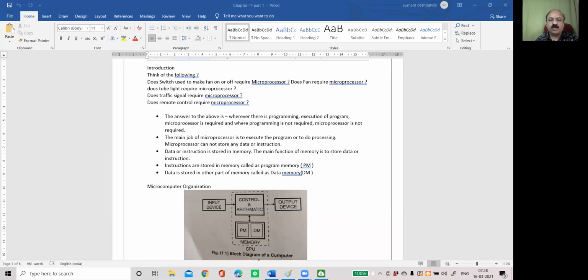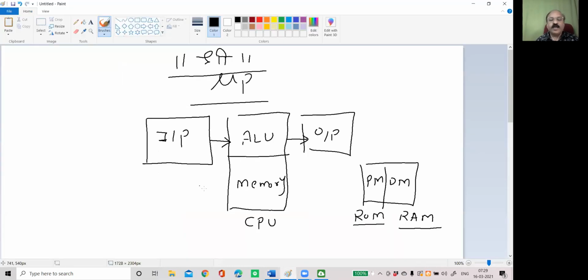And microprocessor is one part of the microcomputer organization. So we have to study this part in detail, its functioning, its architecture. So we are going deep from microcomputer to microprocessor. Microprocessor is one of the parts of microcomputer organization.